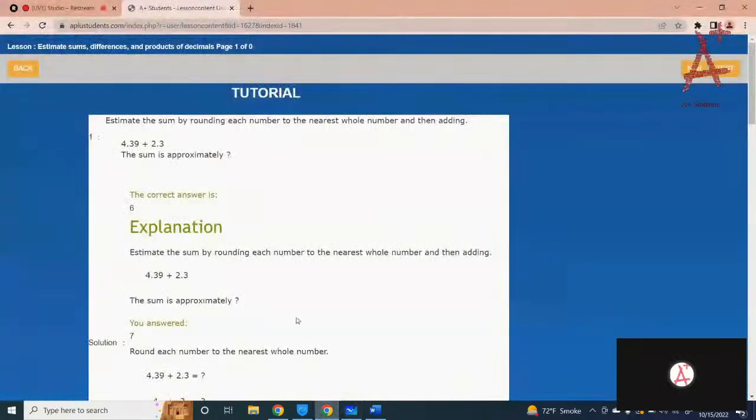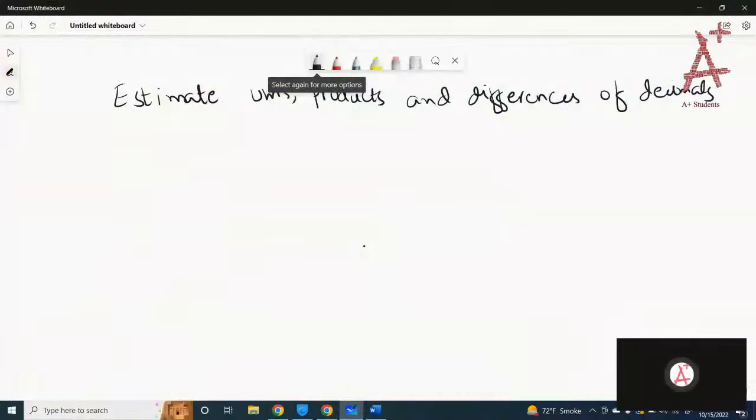Okay. Estimate the sum by rounding each number to the nearest whole number and then adding. So the numbers are 7.7 plus 6.6. You have to round off both the numbers before adding.